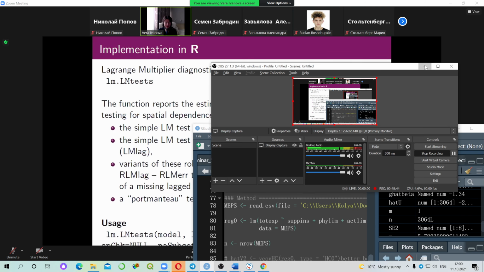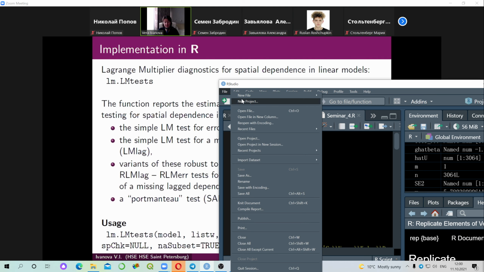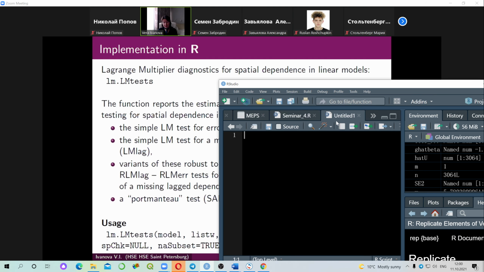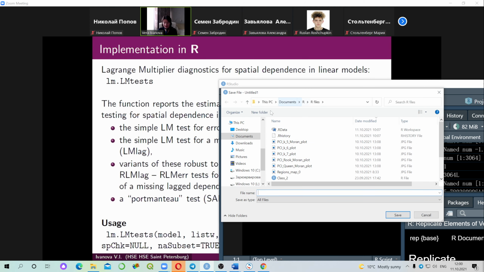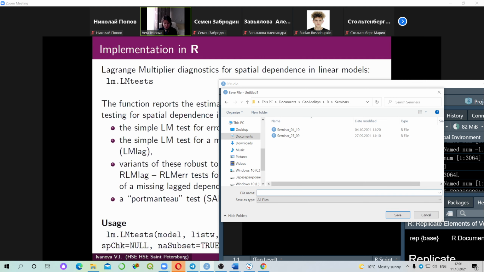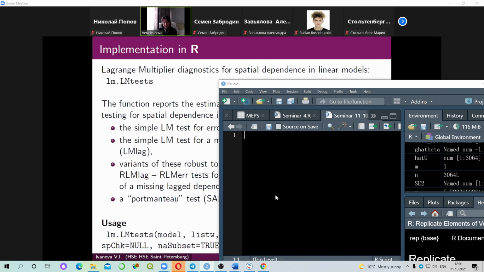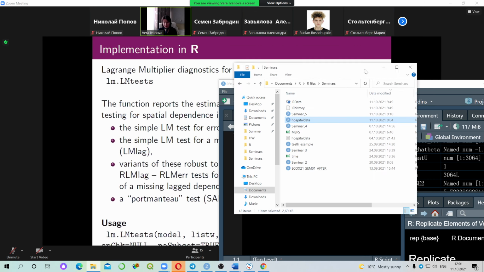Also, we can indicate zero policy. Zero policy means that if there are no weights for some observations, we can just omit them. So usually zero policy is true.